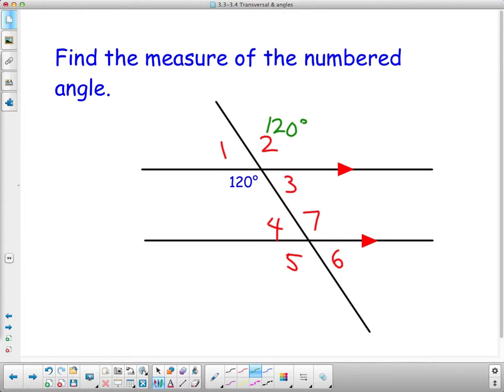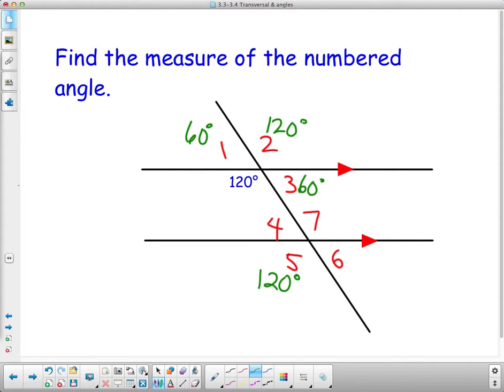Very good. Vertical angle theorem. Angle 1 is 60. Because? Linear pair postulate. Okay, you could use linear pair that way or this way. Mitch, angle 3 is 60 because? Vertical angle. Good. Okay, Austin. Angle 5 is 120 because corresponding angles.